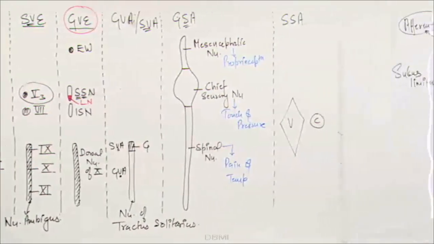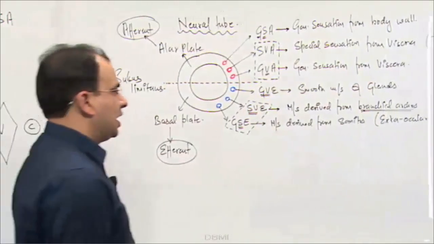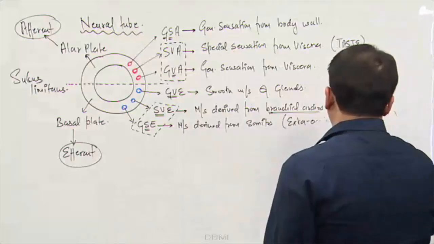So we'll begin our discussion on the cranial nerves and we are starting with the third nerve or oculomotor nerve.